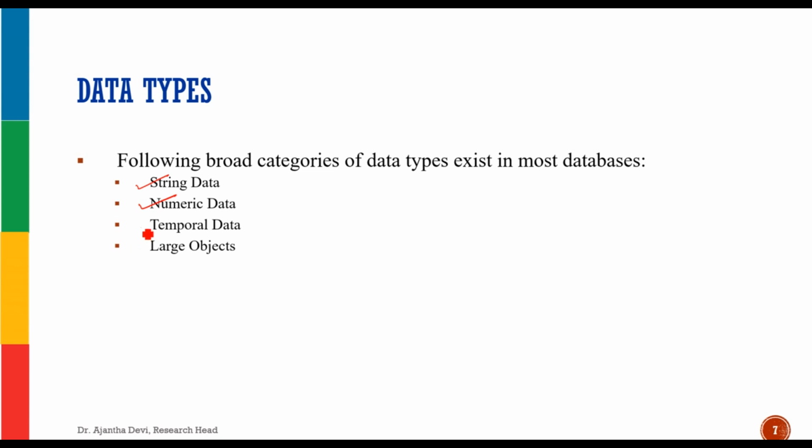Temporal data is used for dates and times, mainly like date of birth or timestamps. And last but not least, large objects, used for storing huge data like resumes, images or videos. Choosing the correct data type is not just about accuracy. It's about storage, efficiency and performance.